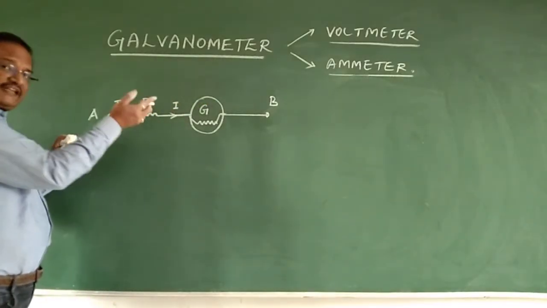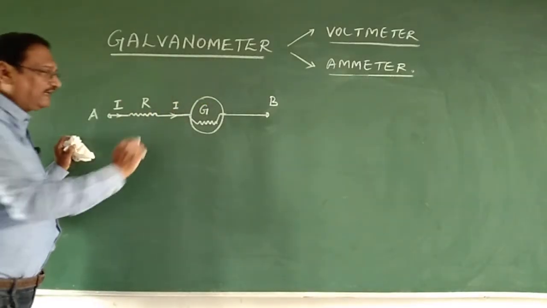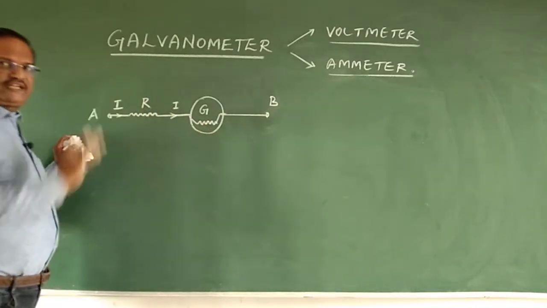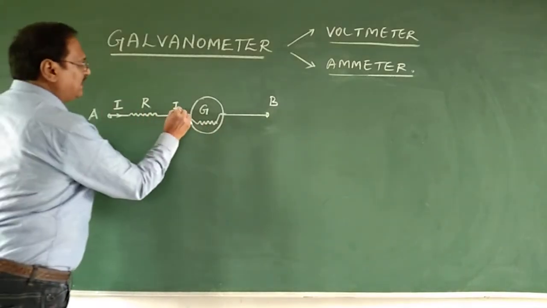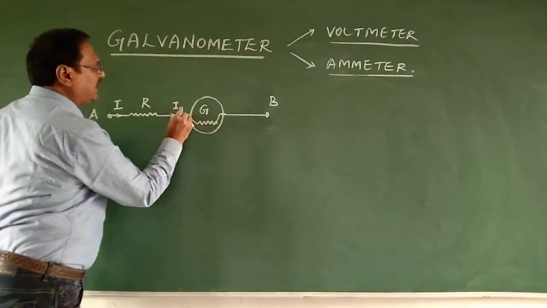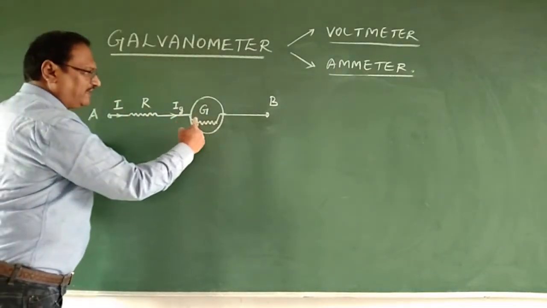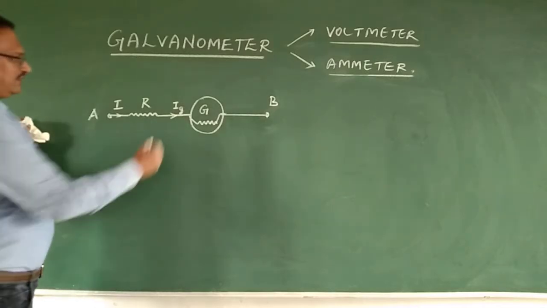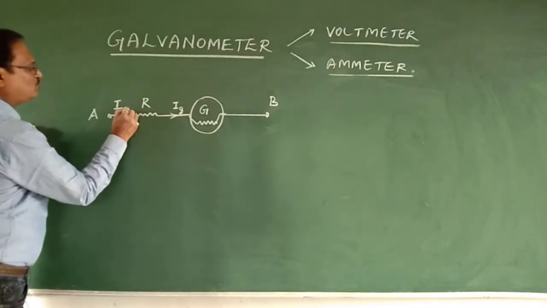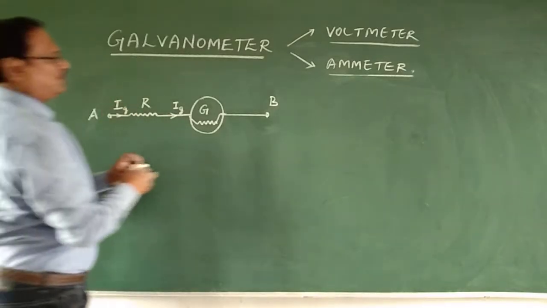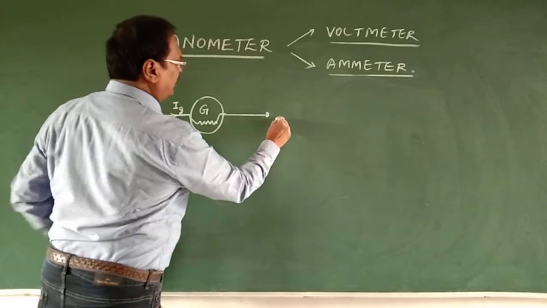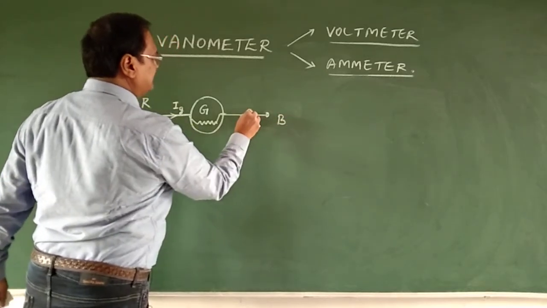The resistor can take any current, but this galvanometer cannot. So let us say the current coming through is Ig, the maximum current the galvanometer can withstand. In series the current is the same, so this is also Ig.